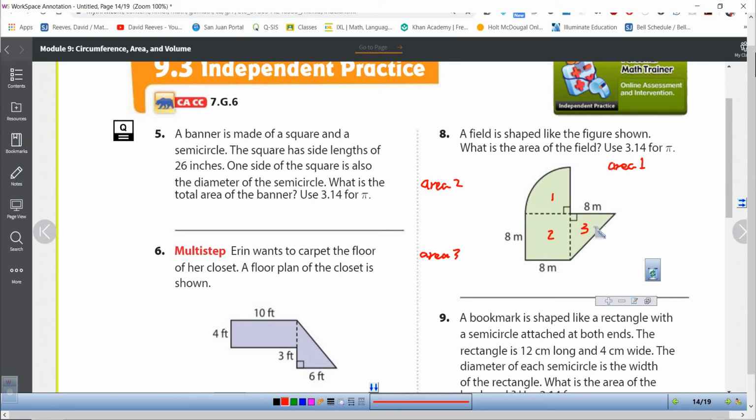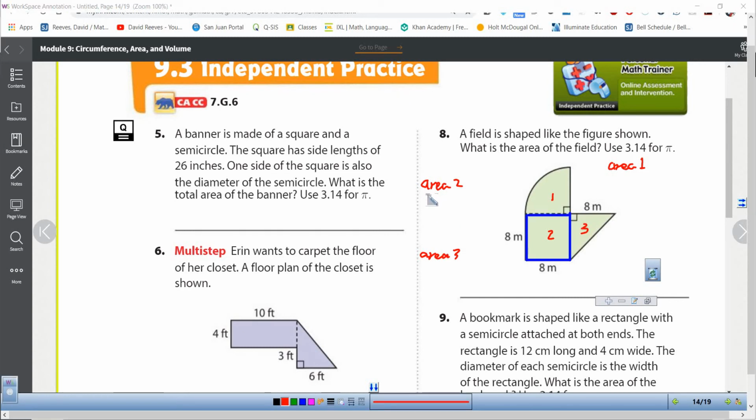Okay, so let me ask you, what do we have here? 1. You know what? I'm going to hold off on 1 for a minute. I probably shouldn't have made that one the first one, but I did. All right, let's do 2 first, because 2, I hope you can pretty quickly see what 2 is. Take a look. What do we have on number 2? We have a square, correct? Do you see that square right there? There's our square.